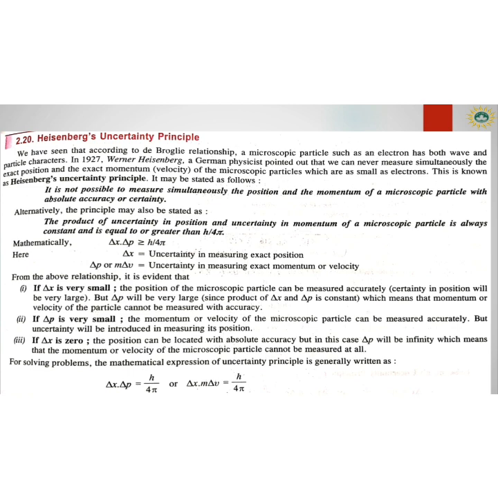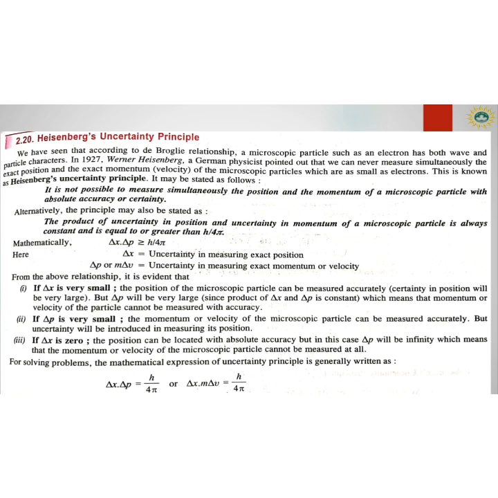Mass will always be constant, so m into delta v is the uncertainty in measuring the exact momentum or velocity. So delta x into m into delta v is always greater than or equal to h by 4 pi.